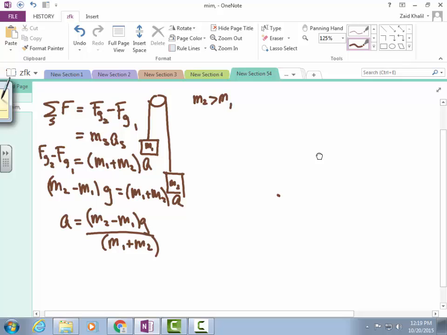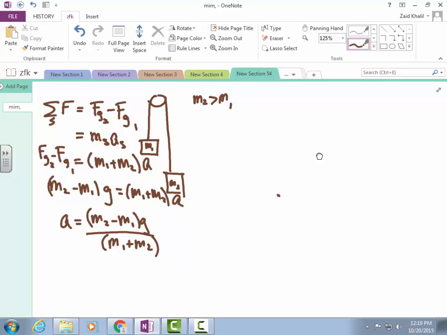Okay. And yes, look at the formula. M2 is greater than M1, so this is positive. Correct. And what do you notice? M2 is going to go which way? Down. So you have to be careful. You can't just follow the systems approach blindly. You have to be careful about coordinate systems.